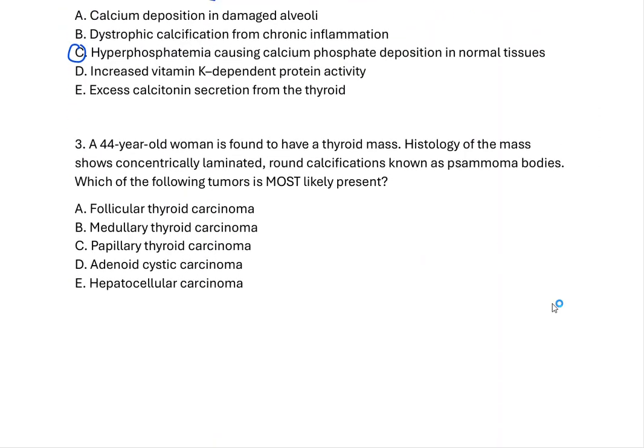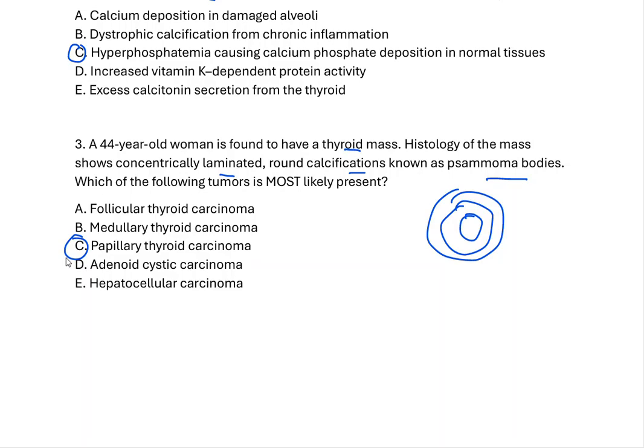So next question. A 44-year-old woman is found to have a thyroid mass. Histology of the mass shows concentrically laminated round calcifications, right, known as Psammoma bodies, right? Which of the following tumors is most likely present? So this is going to be a case of what? Papillary thyroid carcinoma.